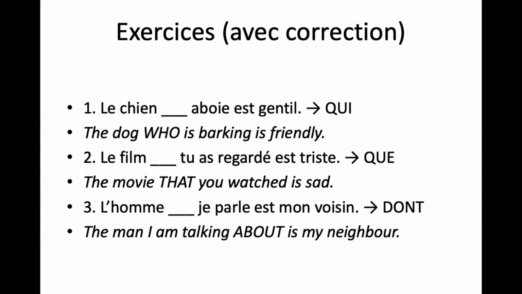Je parle de cet homme. Je parle de mon voisin. Je parle de cet homme qui est mon voisin. It's correct to say that. You can replace this complement by de plus something, like of plus something. So we can put dont. So that is correct also.